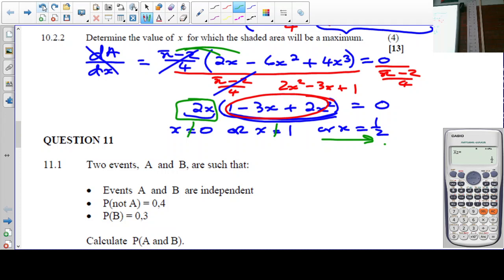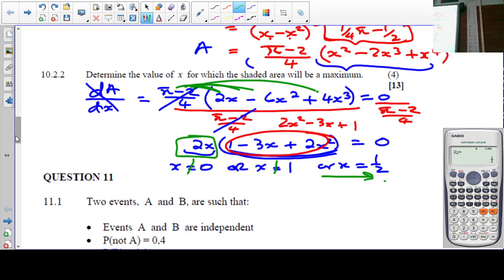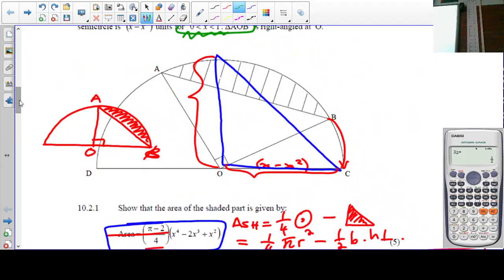The constant, we had multiplied this in. No problem, you should get the same answer. Another thing at this point: if the question was, determine the maximum area of the shaded region, what would we have done differently here?